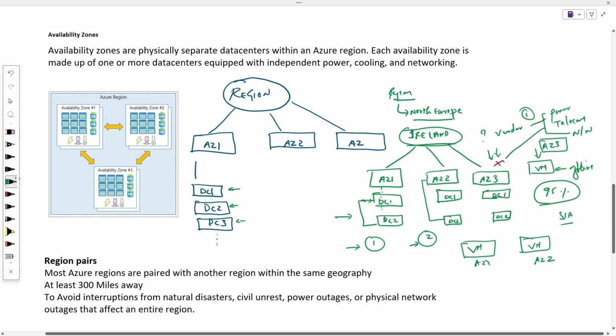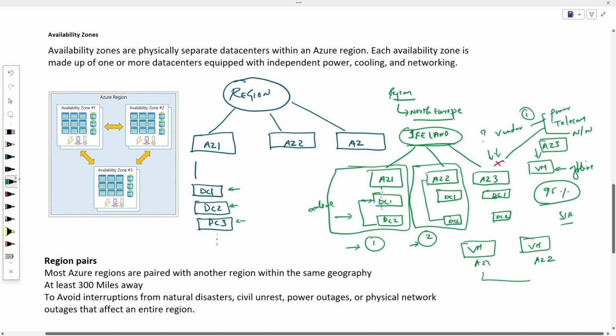For them, there is no network outage. These availability zones are online. Since these availability zones are online, users who have hosted their services on multiple availability zones will not have any impact.